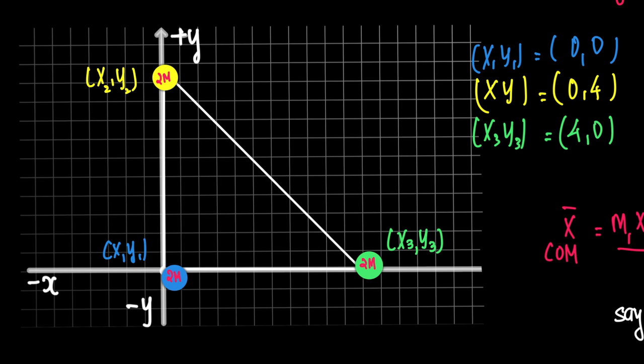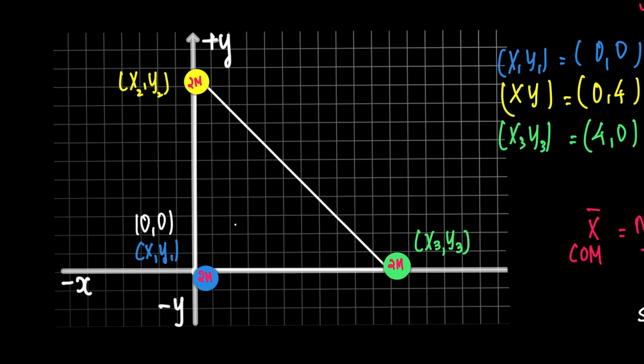We can assign the values of x1, y1, x2, y2, and x3, y3, where these are the corresponding positions of the 3 masses 2m, 2m, and 2m at each corner of the right angle respectively. Now, what is x1, y1? Since this is at the origin, x1, y1 has to be 0, 0, right?